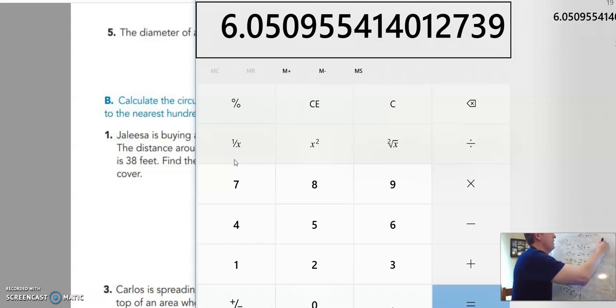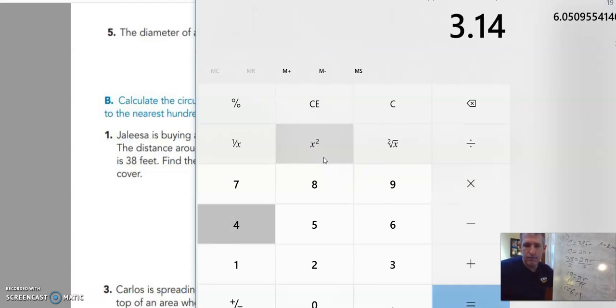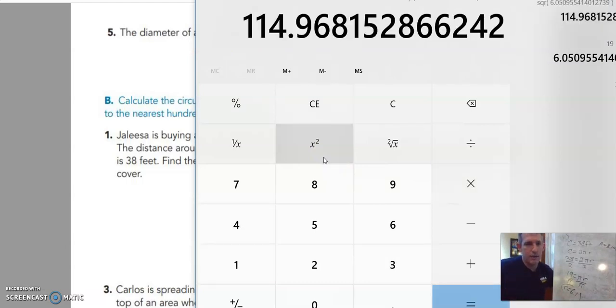So area equals pi, or 3.14, times 6.1 squared. Now, our answer is going to be affected by how much we round that 6.05 and so on. So here's what we could do. We could just keep that in our calculator and do our fancy square button, and then multiply it by 3.14, and we're going to have a really accurate number.